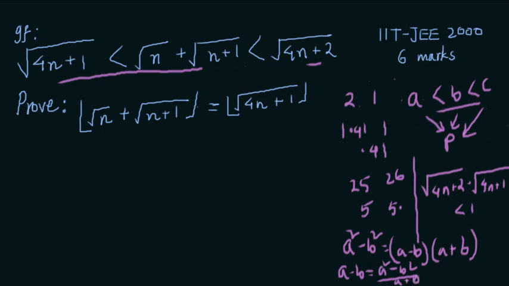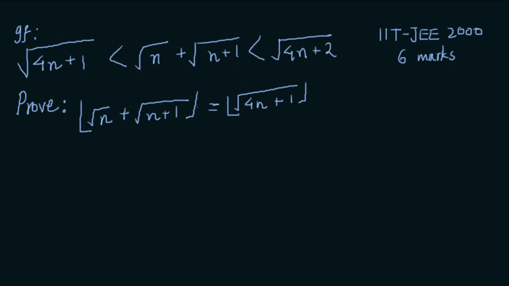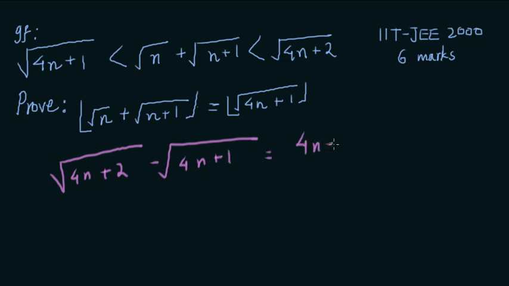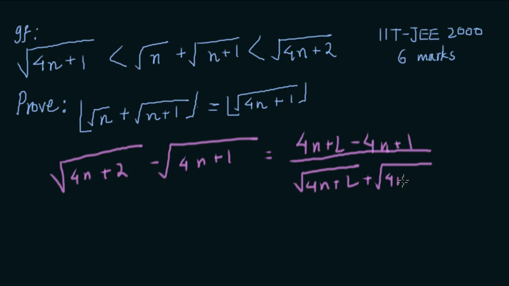So let me clear this for the moment and let us write whatever we got. We got root over 4n plus 2 minus root over 4n plus 1 is equal to 4n plus 2 minus 4n plus 1, divided by root over 4n plus 2 plus root over 4n plus 1, right?